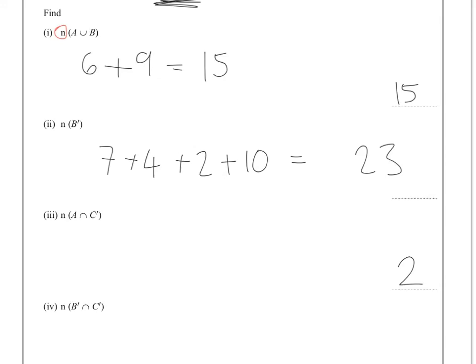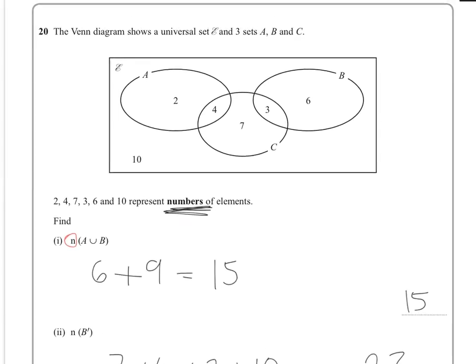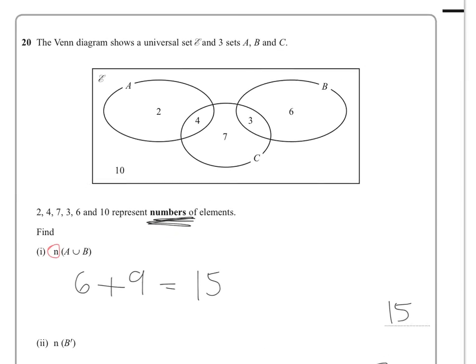Part 4, the number not in B and not in C. So if we're not in B and not in C, then we must either be in this crescent moon bit here of A or on the outside.